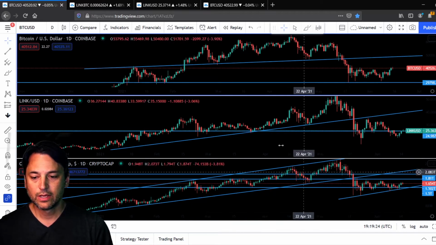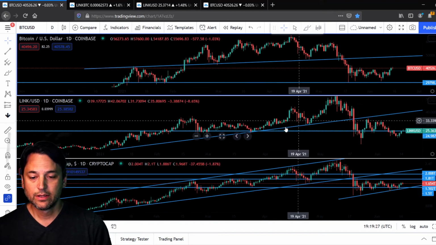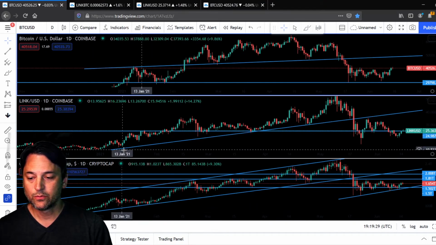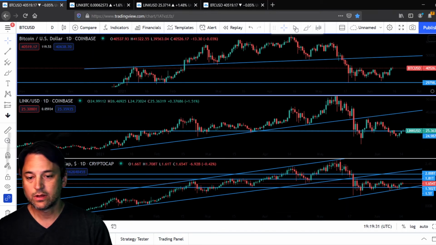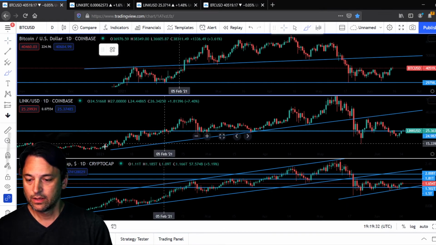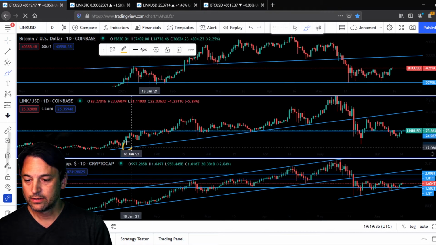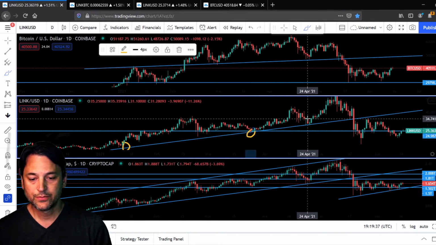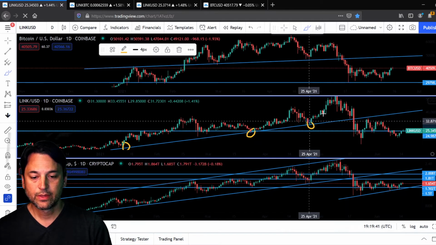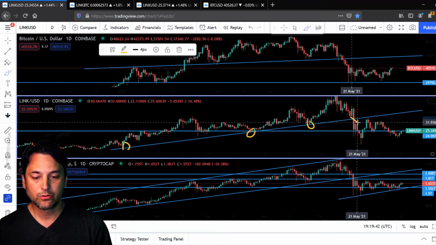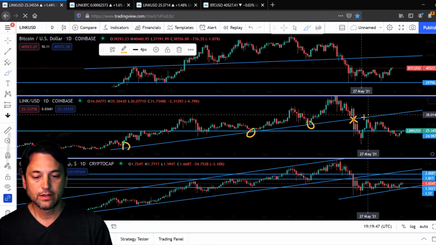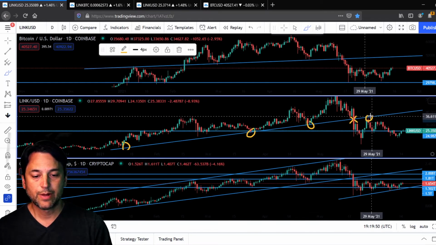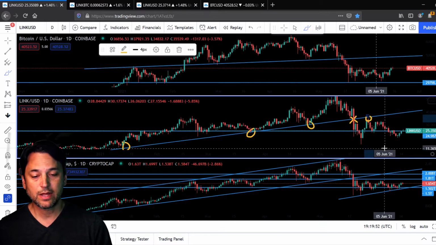First of all, in the middle chart here, Chainlink, it was progressing along on this trend line here pretty nicely, trending upward pretty steadily, and then it broke through that right here, and then it bounced back up to that same line again.